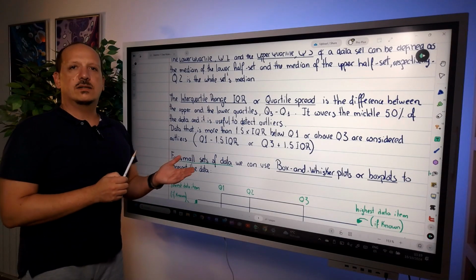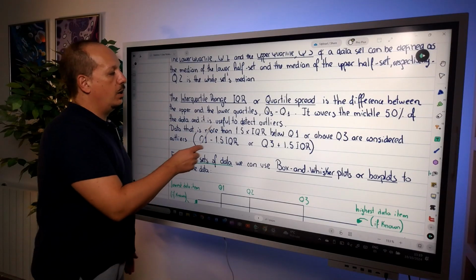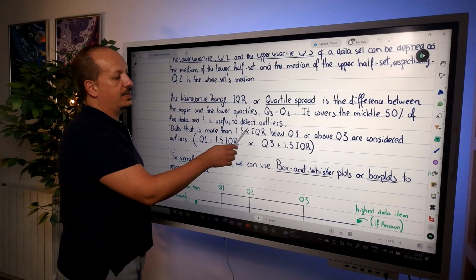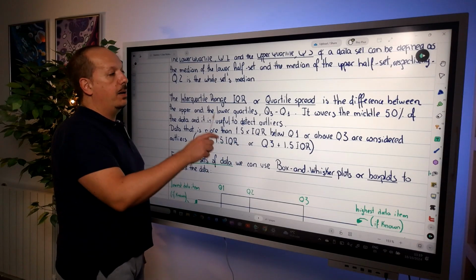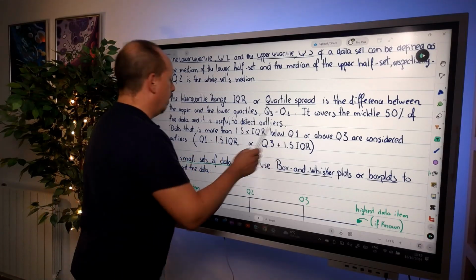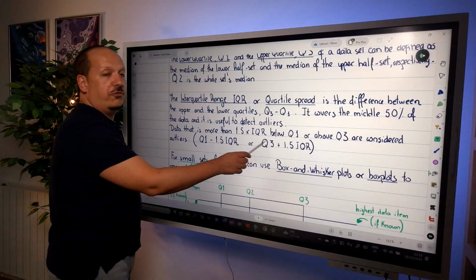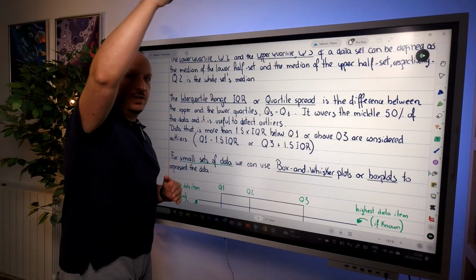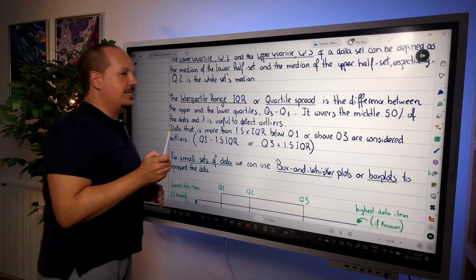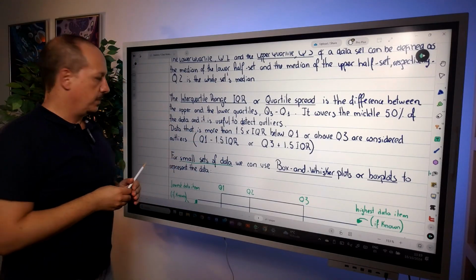What is considered an outlier is any data point that is either 1.5 times the interquartile range below the Q1, if it is a very small value, or 1.5 times the interquartile range above the Q3, if it is a very large value. Statistically speaking, that's how you detect outliers.